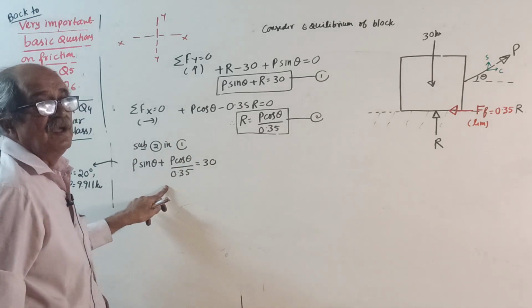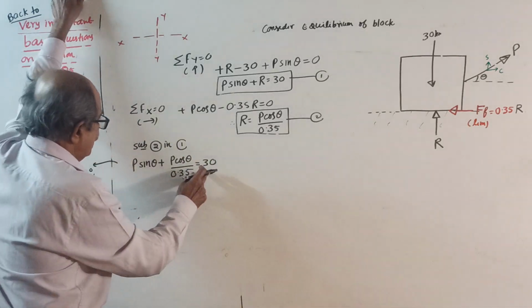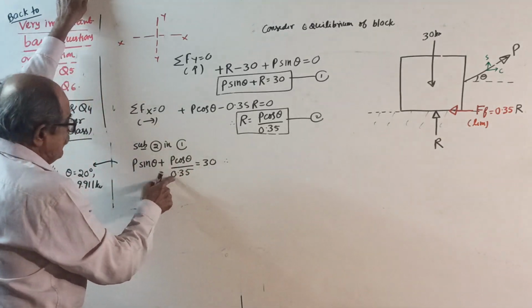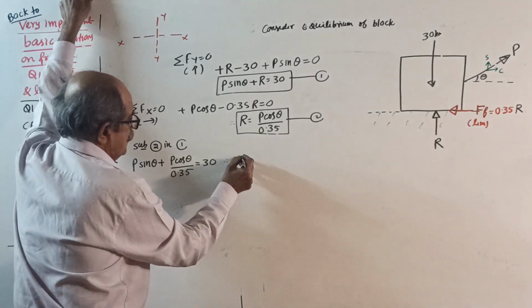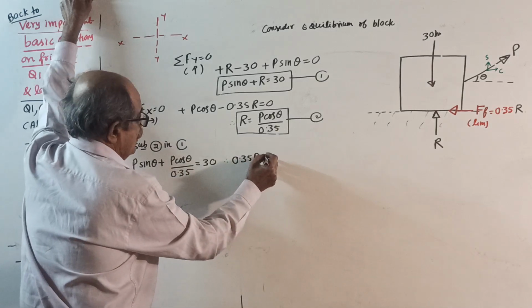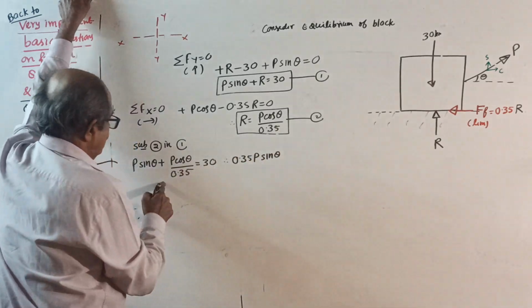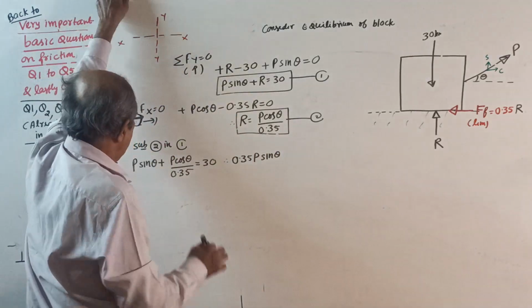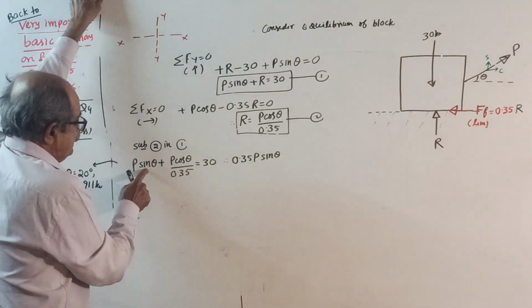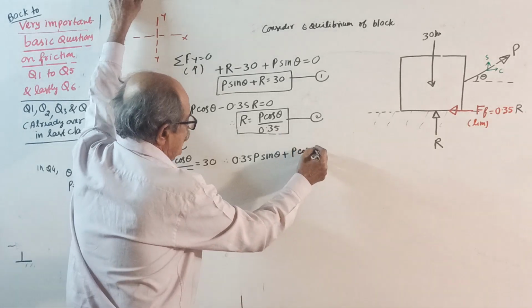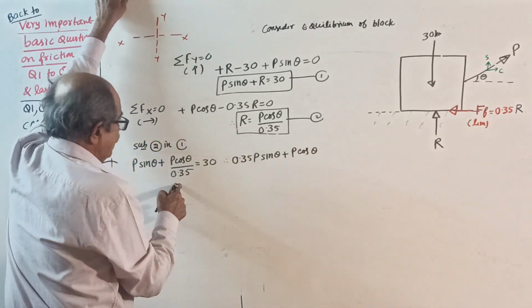See, this is P equal to 30. Multiply by 0.35 to clear the fraction: 0.35 P sin theta plus P cos theta. Okay, not required, you can write it as it is.